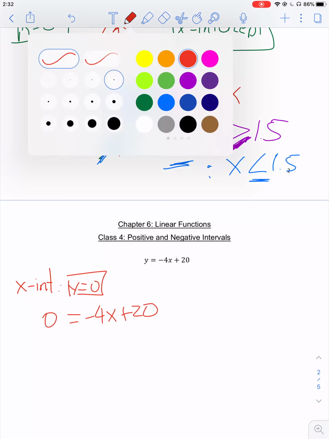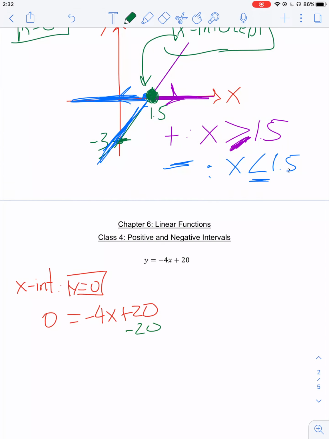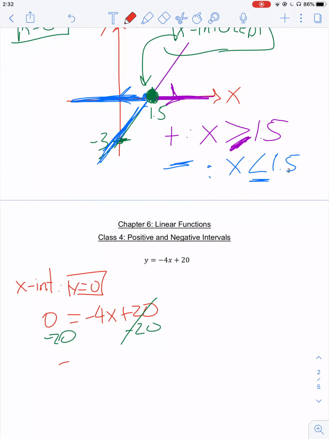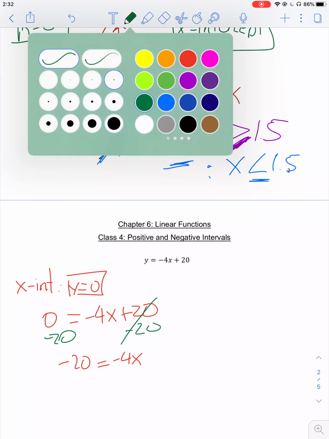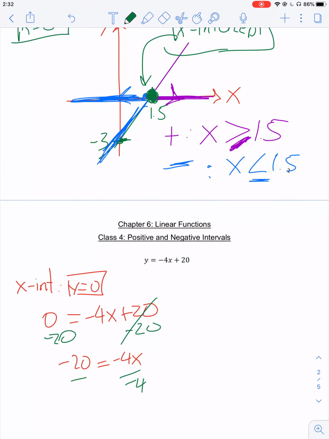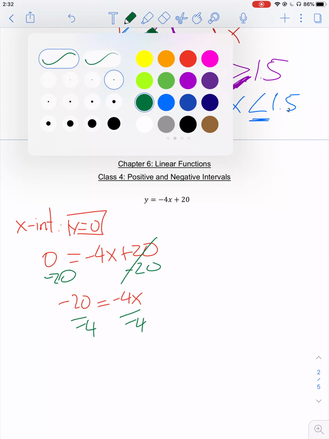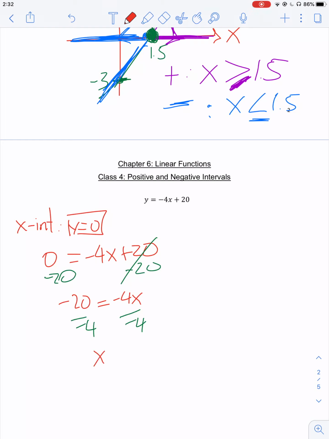Now, you have to solve for x, so you do minus 20, this disappears, and then you get minus 20 is equal to minus 4x, and then you have to divide by minus 4, divide by minus 4, so that gives you the x value. So this cancels out, right? So x is equal to 5, okay? So this is my x-intercept. x is equal to 5 is my x-intercept.